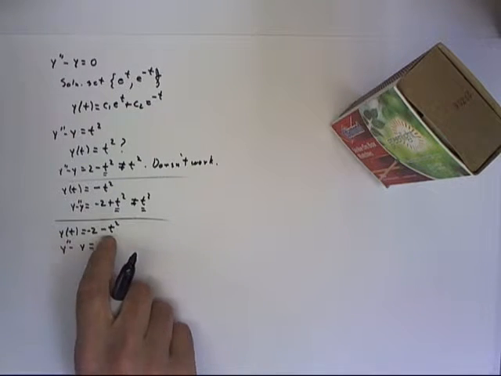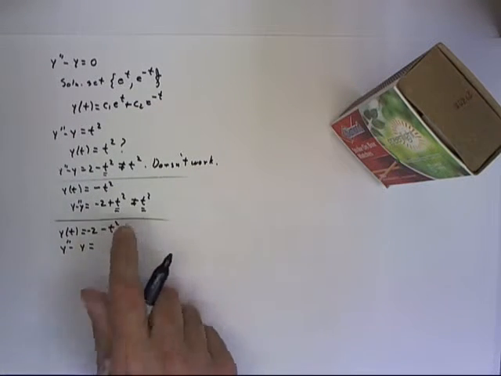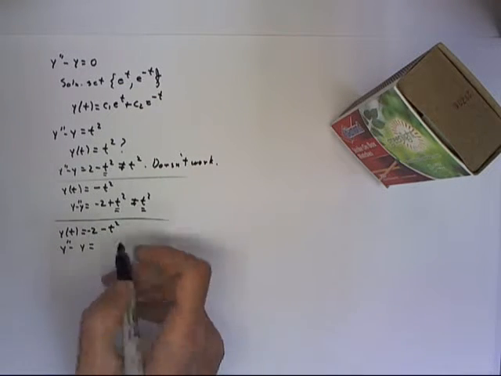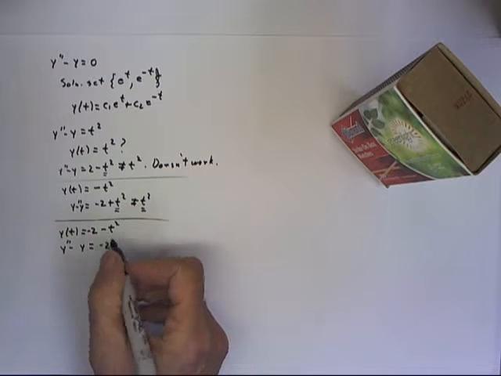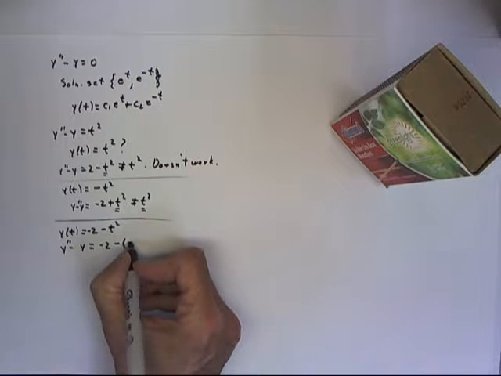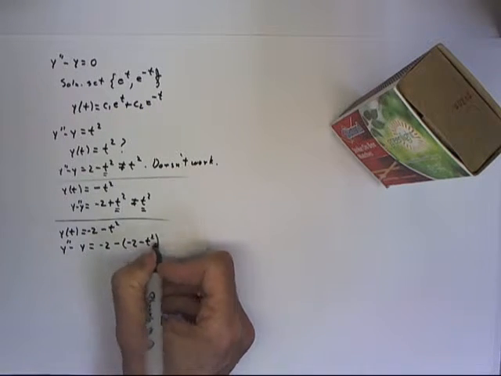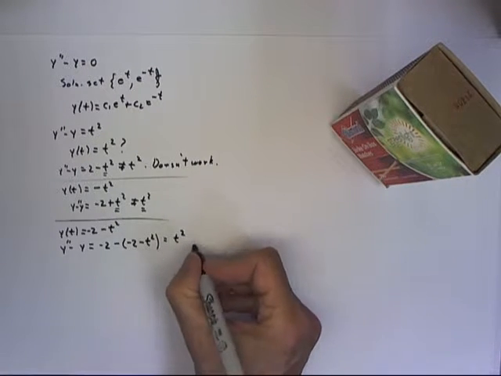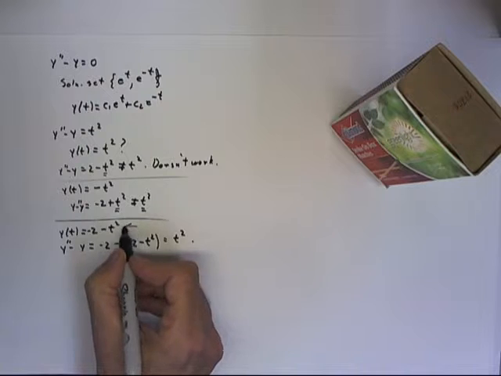Well, y double prime is negative 2, and then it's minus negative 2 minus t squared. This equals t squared. So this works.